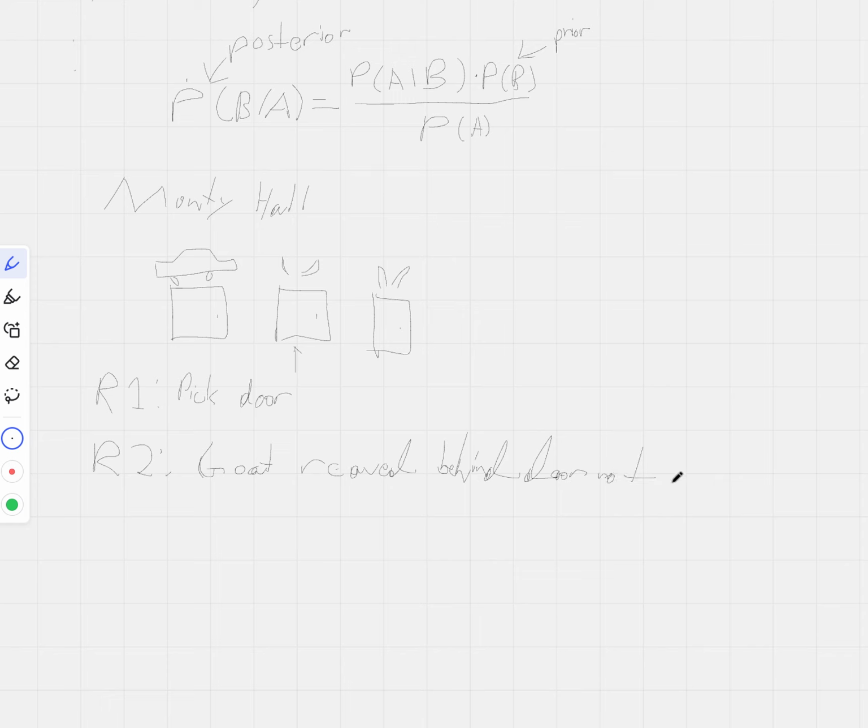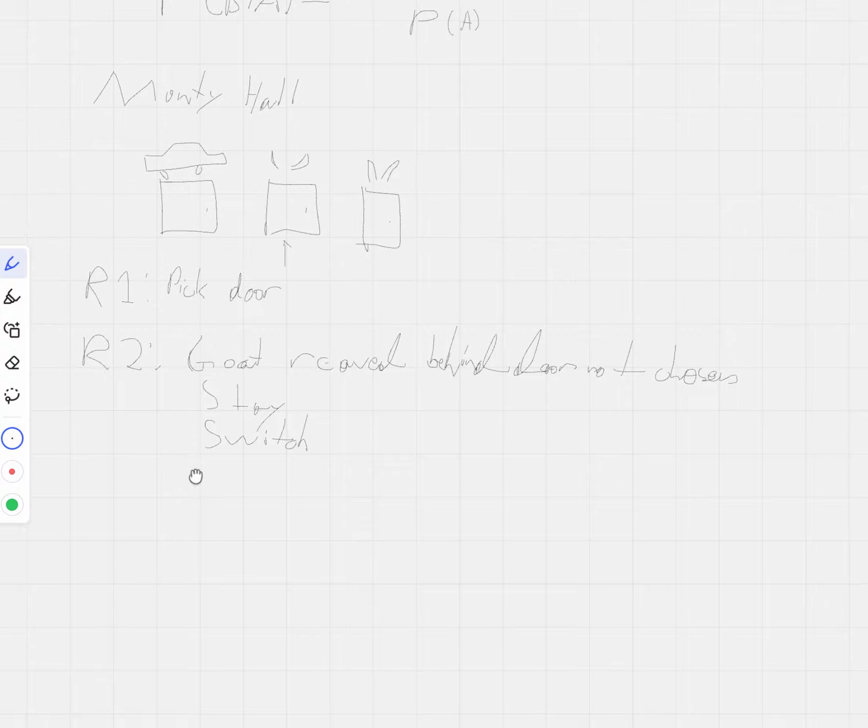And at this moment, you have 2 options. You can either stick with your first guess, you can stay, it's called option stay, or you could switch to the door that you haven't chosen yet and that, of course, does not have a goat revealed behind it already. So what should you do?